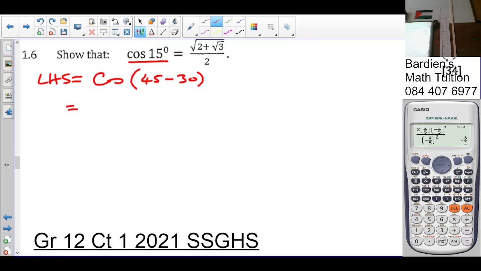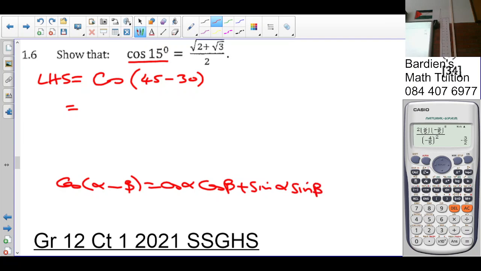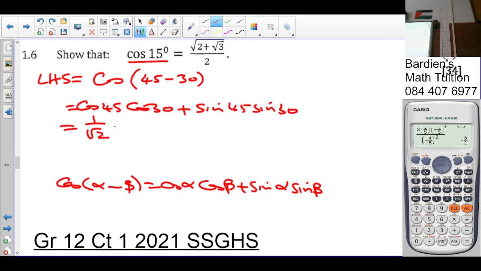That is your cos expansion. So cos of alpha minus beta can be written as cos alpha cos beta plus sine alpha sine beta. So that's going to become cos 45 cos 30 plus sine 45 sine 30. Cos 45 is 1 over root 2 times cos 30, which is root 3 over 2, plus sine 45, which is 1 over root 2, times sine 30, which is going to be a half.